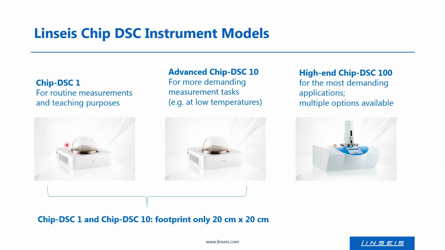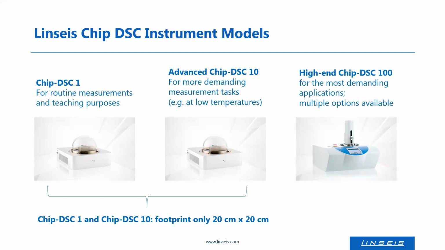It's quite good also for curing processes. The advanced model is the DSC10. It can measure also at sub-ambient temperatures, while the one model only measures from room temperature upwards. And these are small instruments. The footprint is only 20 by 20 centimeters. Very small instruments.